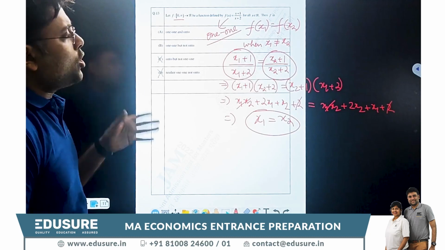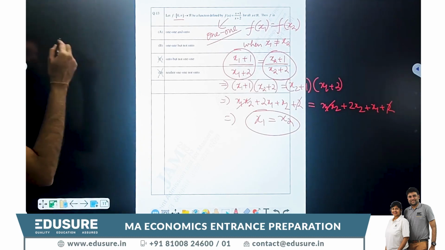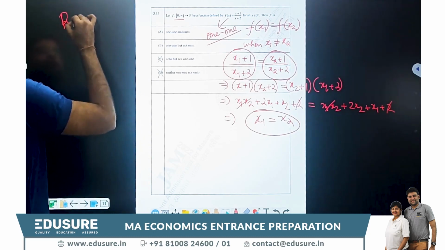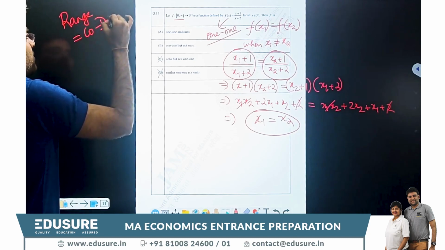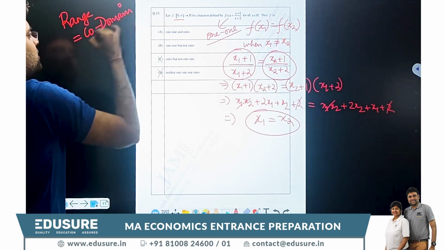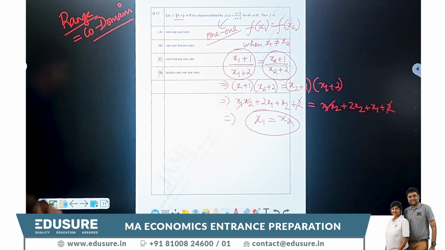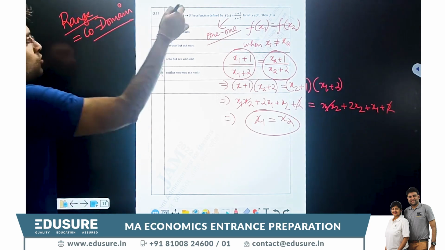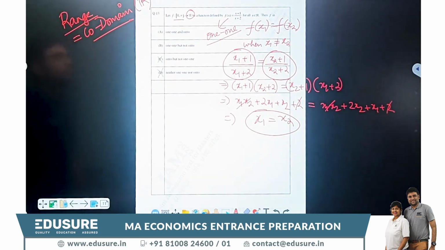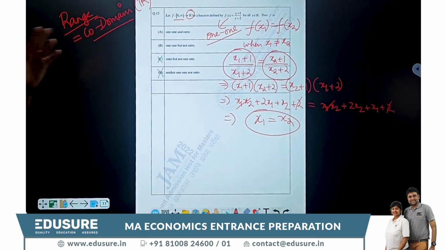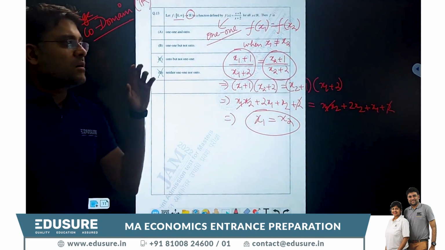What is an onto function? An onto function is when the range is equal to the codomain. That function is called an onto function. Here, what is the codomain? The codomain is given to us: the set of all real numbers. Now, how to check whether the function is onto or not?